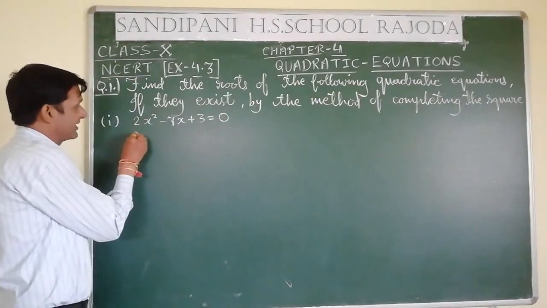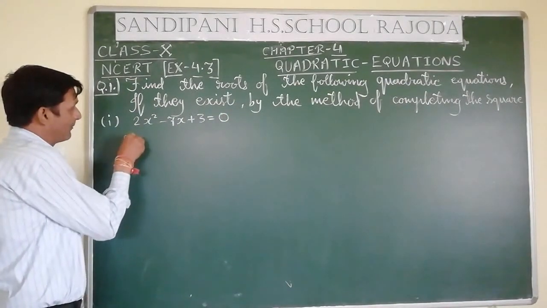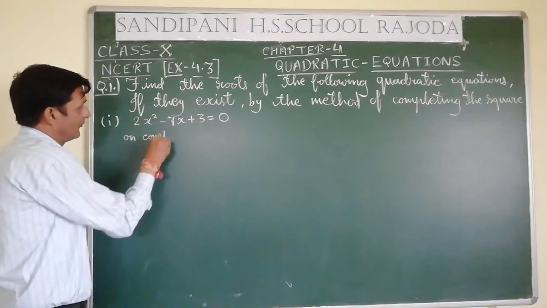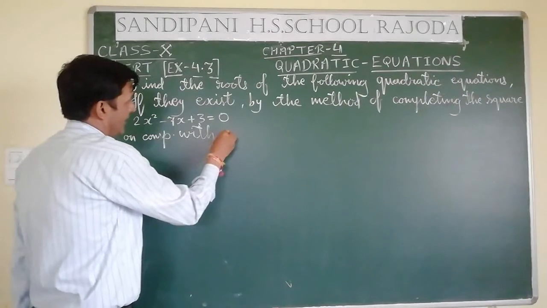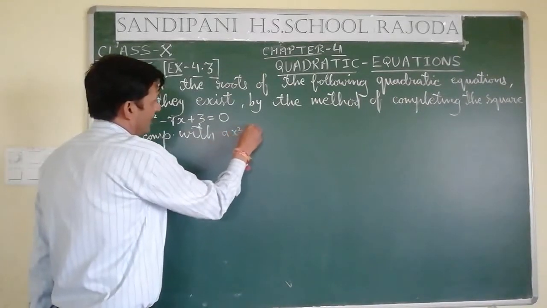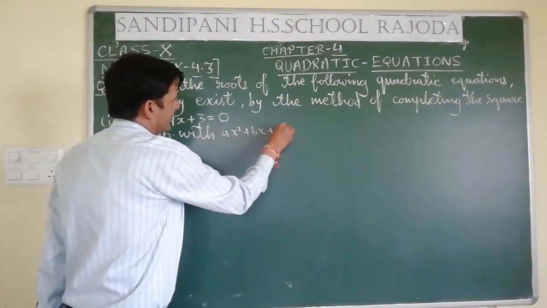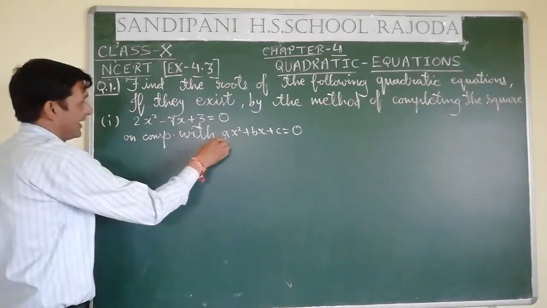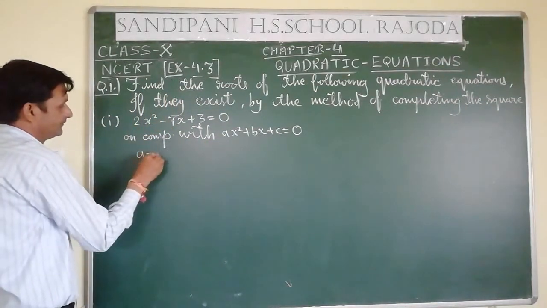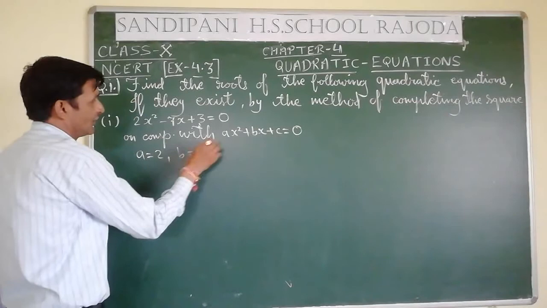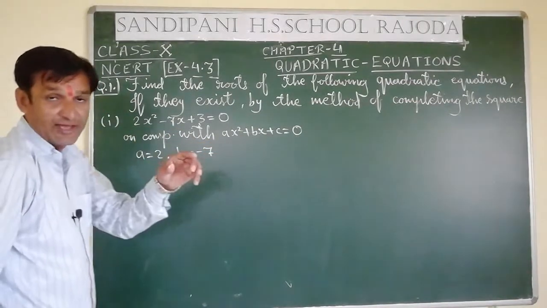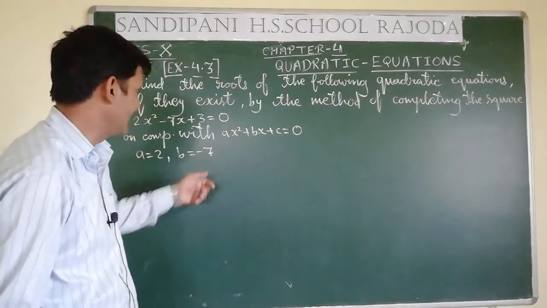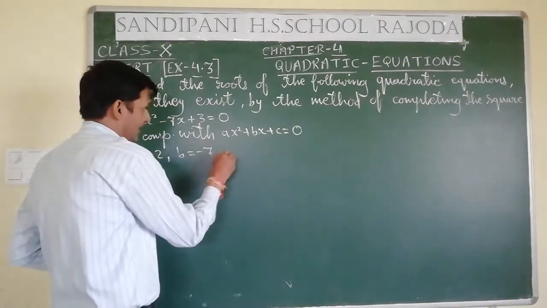So for finding the discriminant, on comparing with ax square plus bx plus c is equal to 0, a is equal to 2, b is equal to minus 7, because the minus sign is there. If there is a minus sign, you have to assign that sign here, and c is equal to 3.